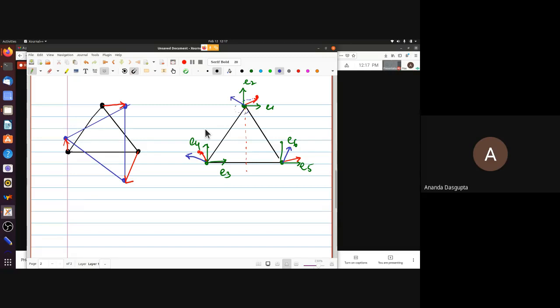However, the important question is, if instead of starting with this red displacement, I started with the blue displacements, what would happen? I will get another set of motion, right? With the red displacement, maybe the things are going to travel like this.